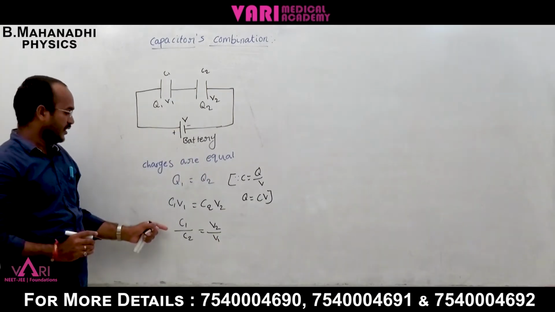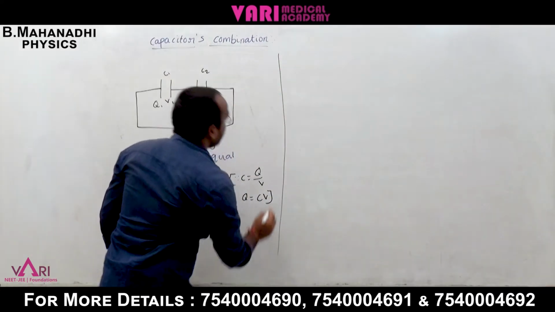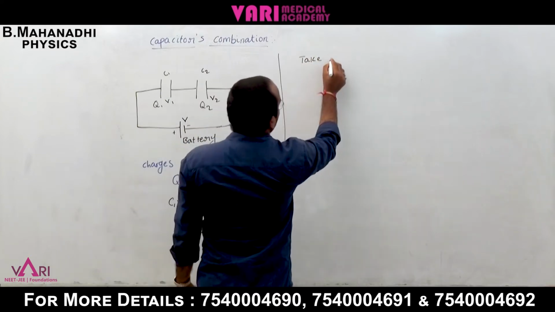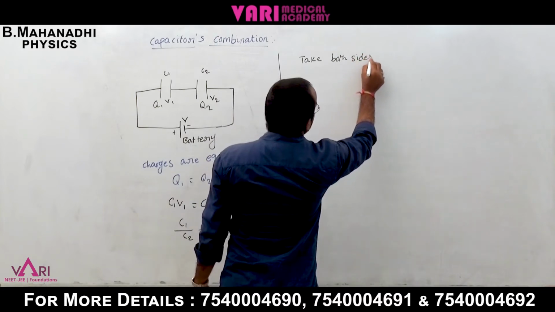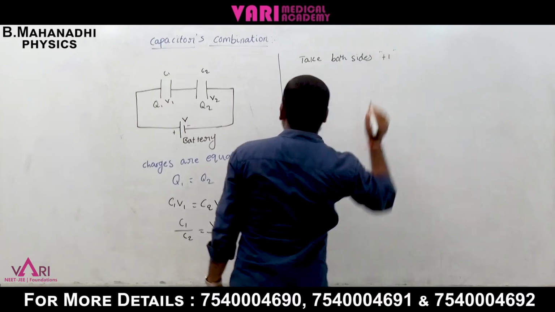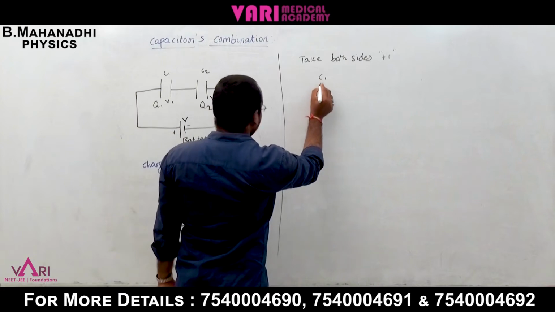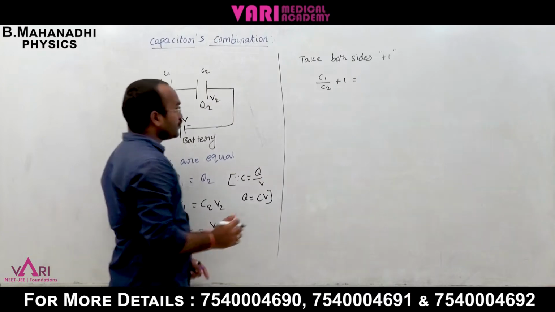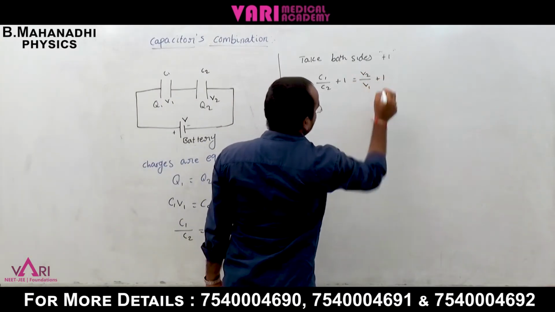Take plus 1 on both sides. C1 by C2 plus 1 is equal to V2 by V1 plus 1.